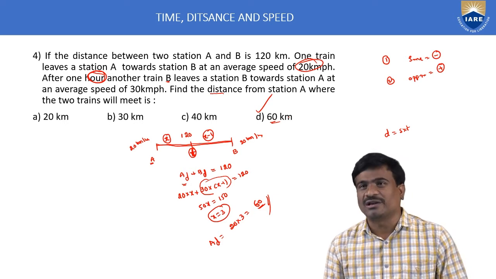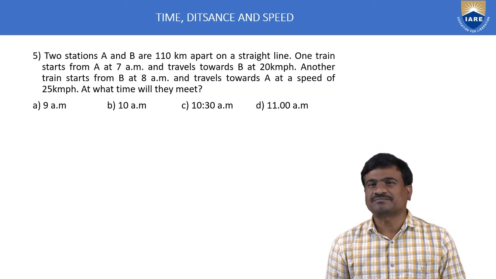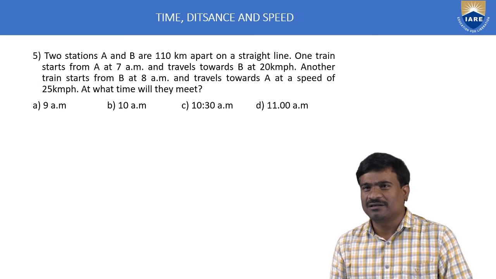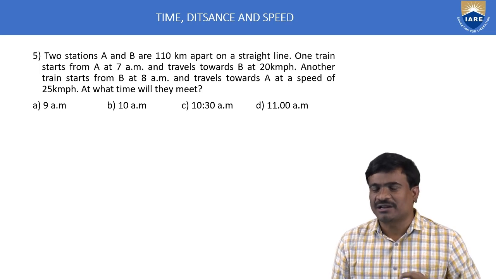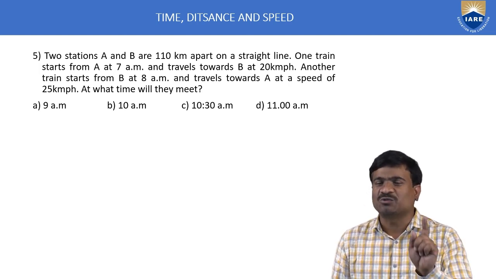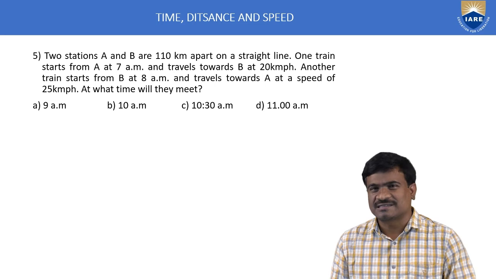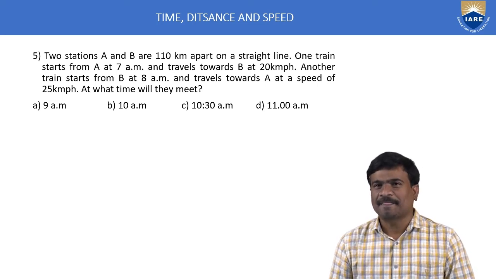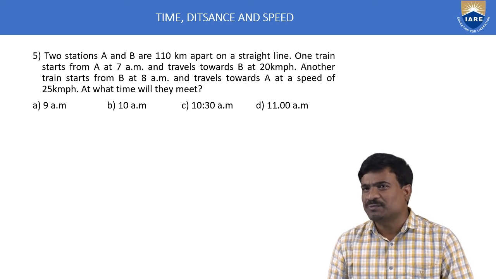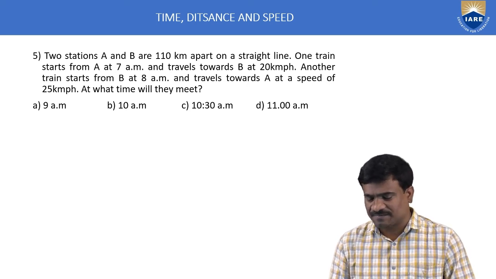Okay, the fourth one is only option D. Right. Next, the fifth example, same as the previous method. But the fourth example calculates distance, while here we calculate meeting time. That is the only difference. Same logic. The first statement: two stations A and B are 110 kilometers apart.